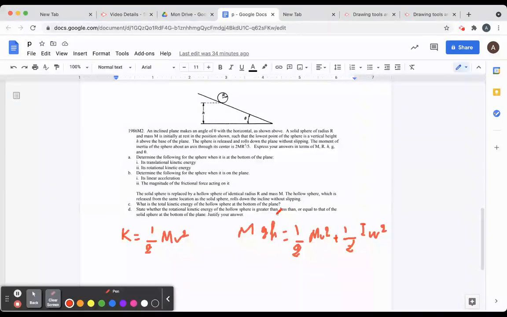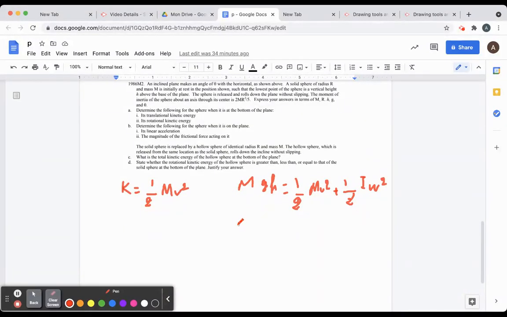And in order to find that, we will use the moment of inertia value given here.